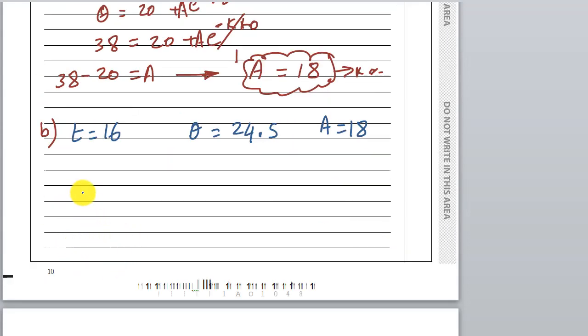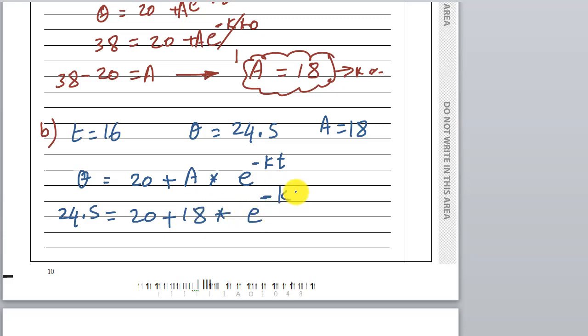So we need k. So again, the equation theta equal to 20 plus A multiplied by e^(-kt). So theta is equal to 24.5 equal to 20 plus 18 multiplied by e^(-k multiplied by 16).